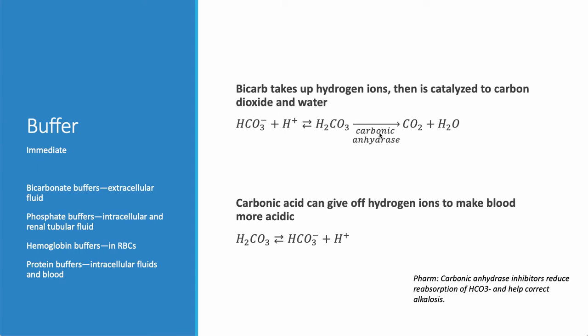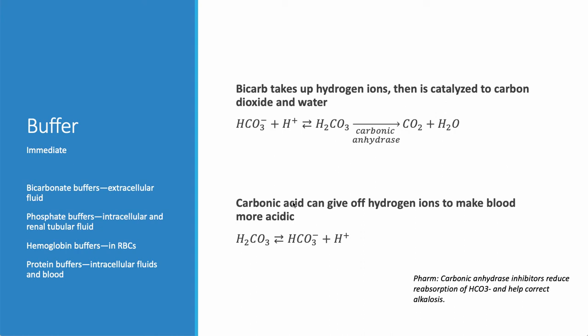And then through this process that uses carbonic anhydrase, right? This is an enzyme that catalyzes this reaction. It takes this carbonic acid and converts it into CO2 plus water. This is one of those metabolic processes that produces water. When you add carbonic anhydrase to carbonic acid, it makes CO2 plus H2O. Okay?